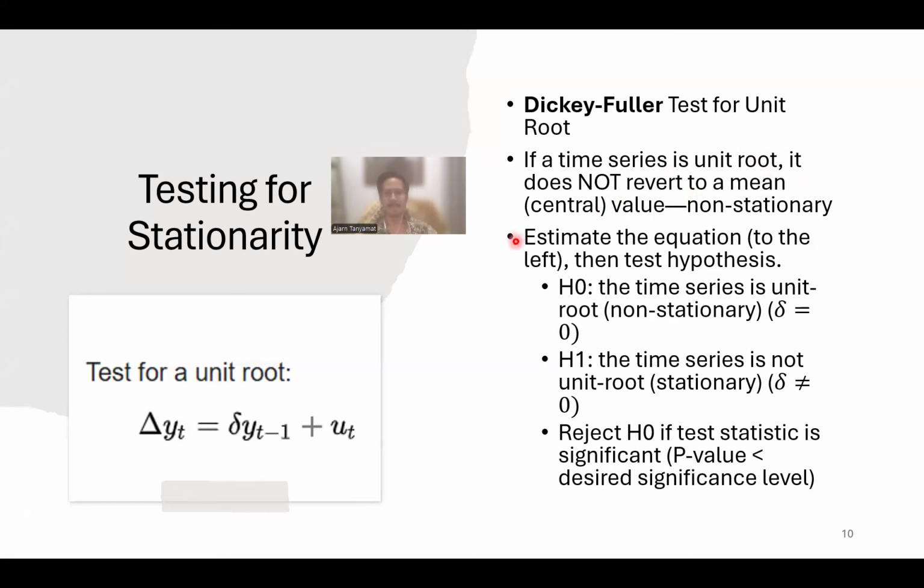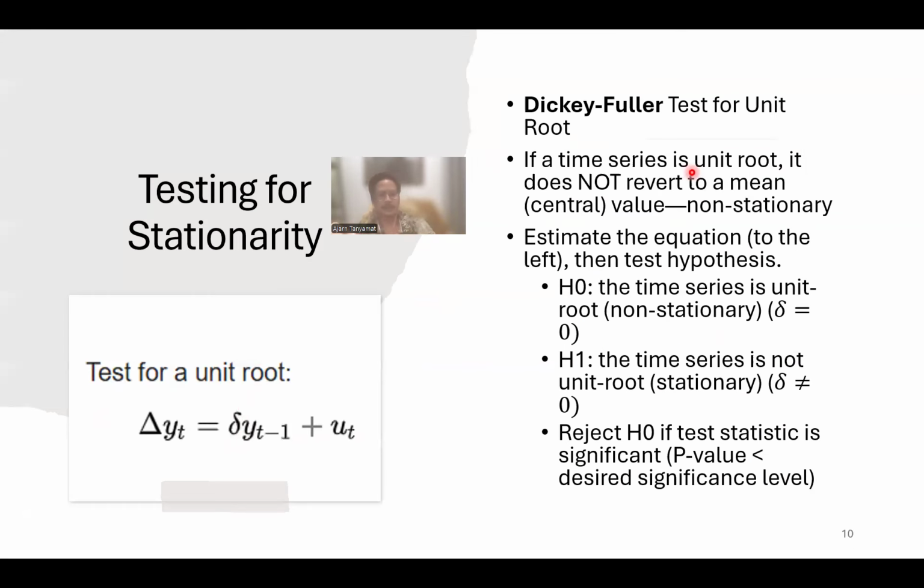Okay. So we just test for unit root. We estimate the equation on the left here and test for delta equal to 0. We have the null hypothesis of delta equal to 0, and the alternative hypothesis of delta not equal to 0. If you reject the null hypothesis, then your time series is stationary. Right? So the null hypothesis is non-stationary. Right? Dickey-Fuller test.